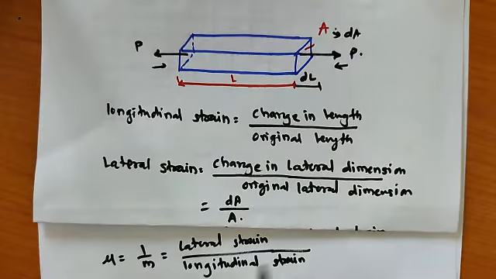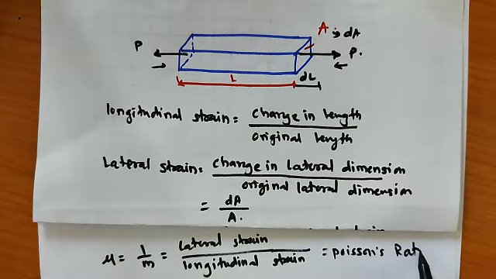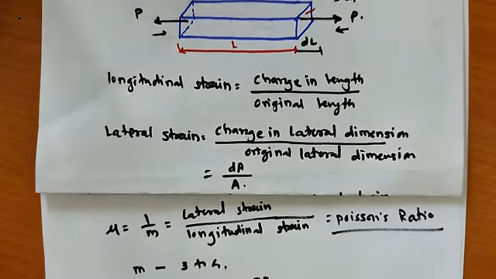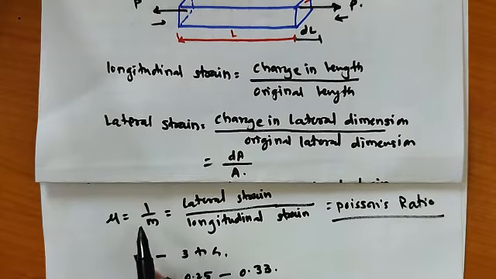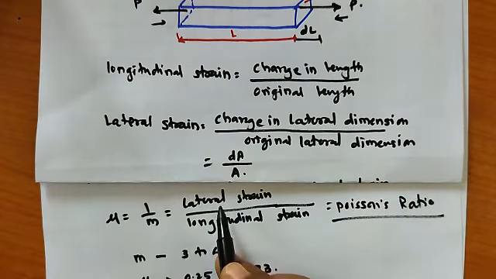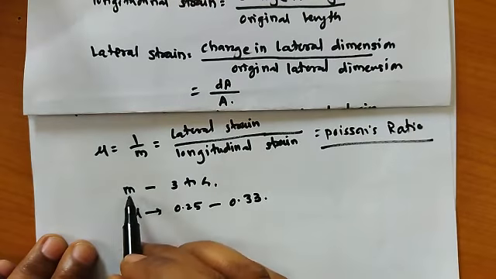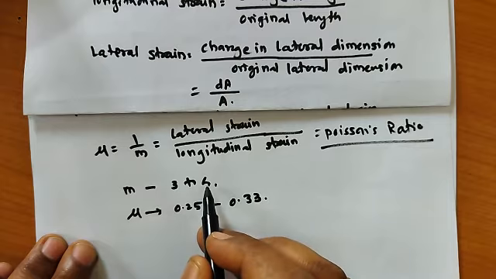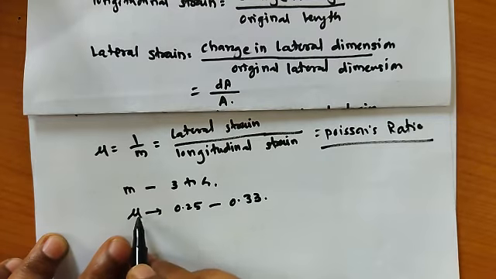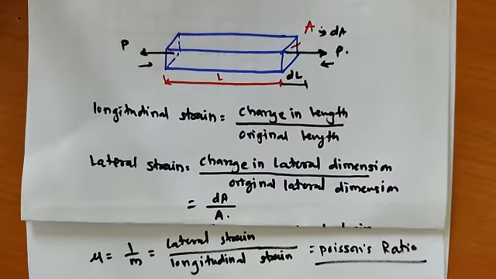This is called Poisson's ratio. Poisson's ratio is denoted by the letter mu or 1 upon m, equal to the lateral strain divided by the longitudinal strain when the force is applied on this bar. Here m has a value varying from 3 to 4, so the Poisson's ratio value ranges from 0.25 to 0.33. So this is about Poisson's ratio.